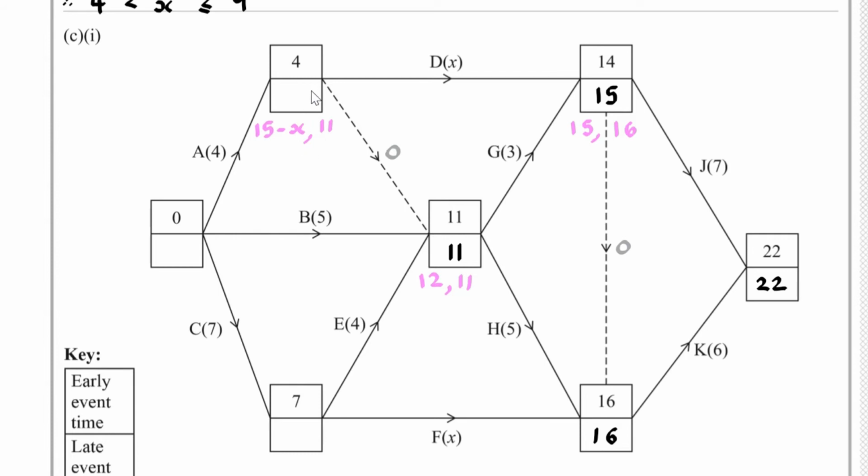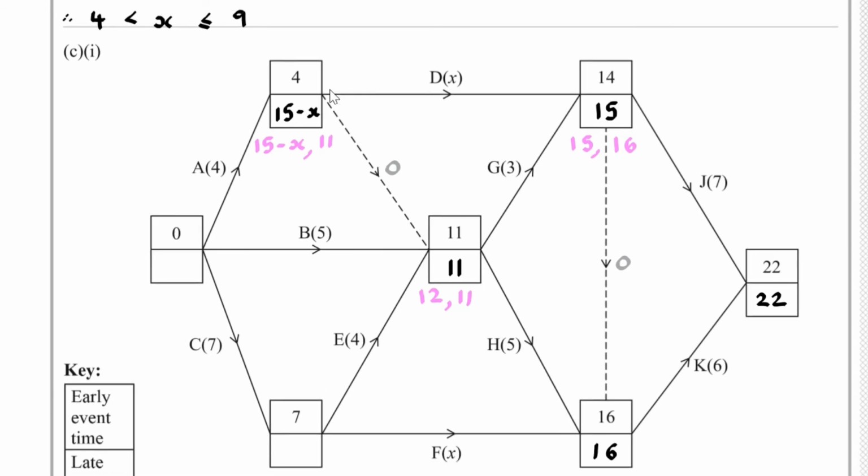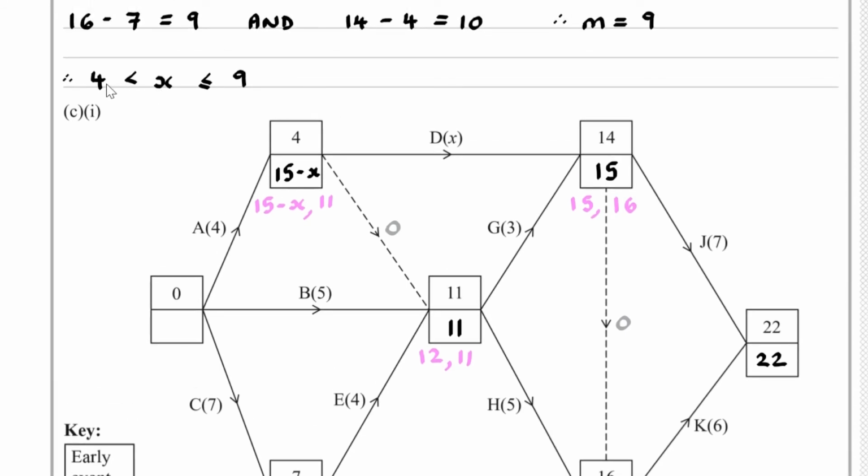Now the smaller one will be the 15 subtract x, and let's think about why that's the case. What we know so far from the previous part is x is certainly bigger than 4. So if I have 15 subtract something bigger than 4, I get something smaller than 11, which is why 15 subtract x is smaller than the 11 with this condition.